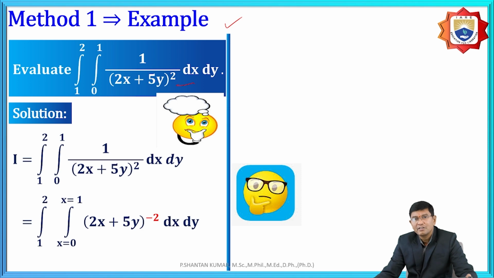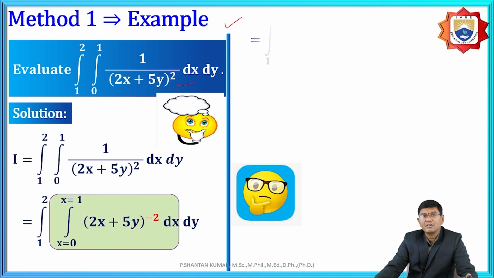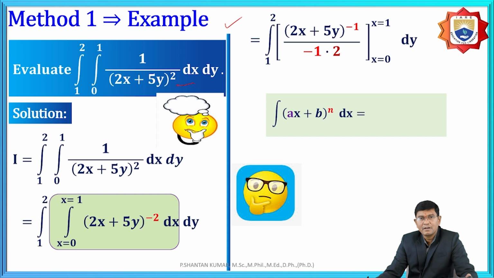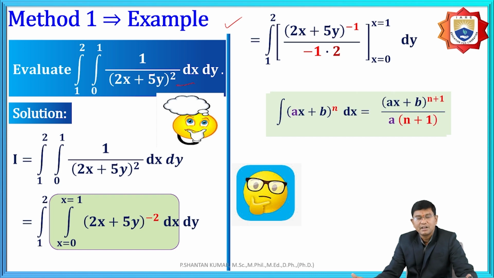Due to this reason, when integrating with respect to x, we treat y as a constant, and use the formula for integration: ax plus b whole power of n is ax plus b whole power of n plus 1 by n plus 1, and the coefficient of x, a, is also multiplied in the denominator.